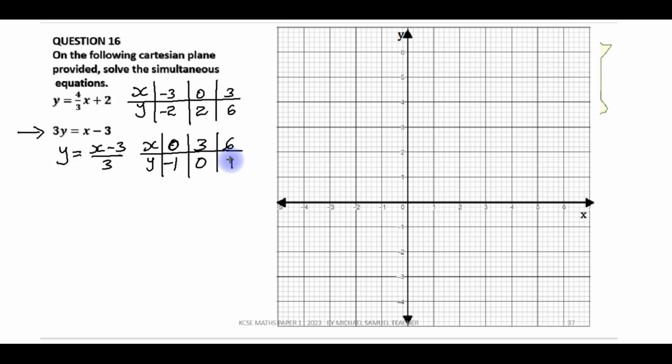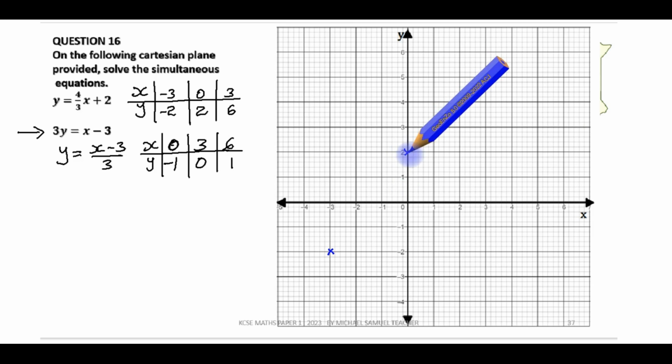So we begin by plotting the values for the first equation. For the first equation, when x is minus 3, y is minus 2. So this is the point here. Then when x is 0, y is 2.